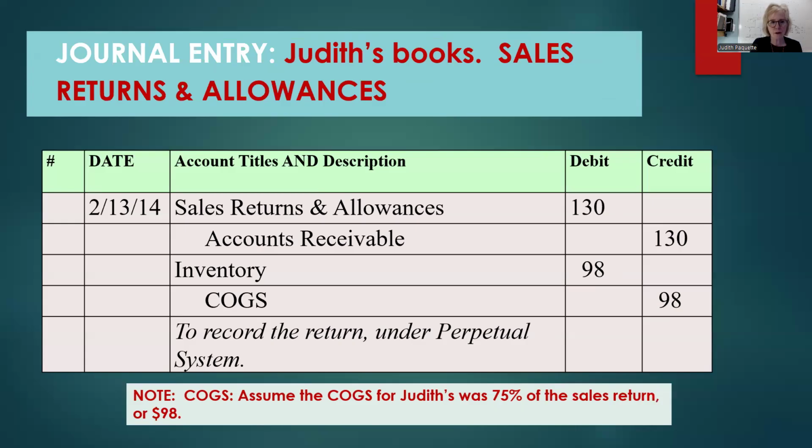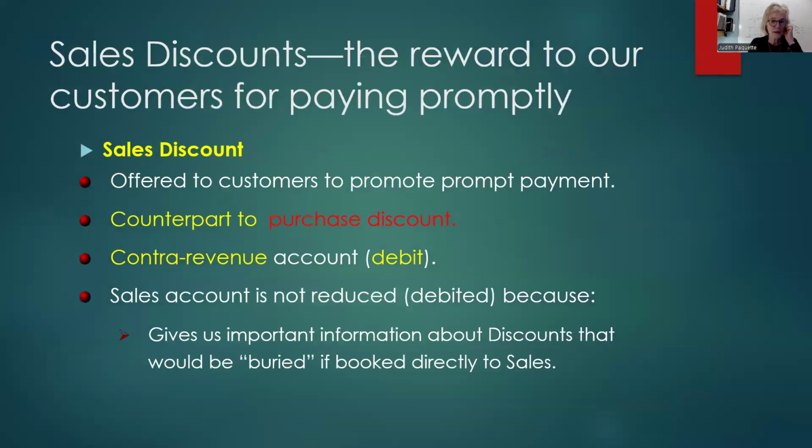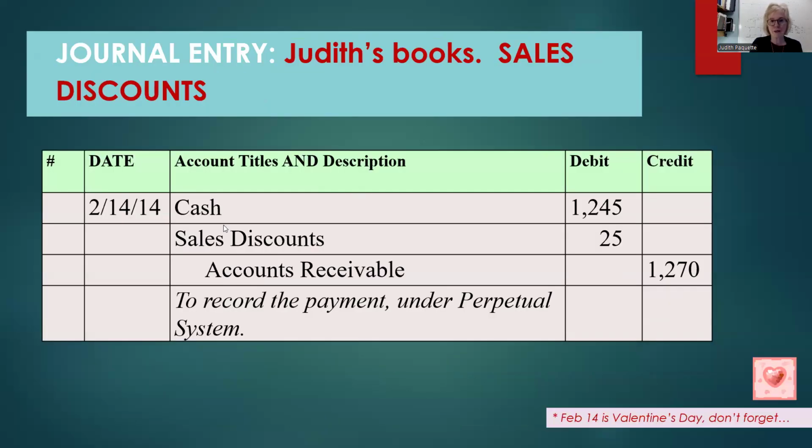I'm going to do one more and then we'll go over to these others. Finally, we have to record when the customer pays us, and we have to recognize the sales discount, that 2% that we gave them. Again, this is a mirror image of what we booked on the purchase side. The seller brings in $12.45 of cash, clears out their entire accounts receivable, and recognizes that discount with a debit to sales discount.